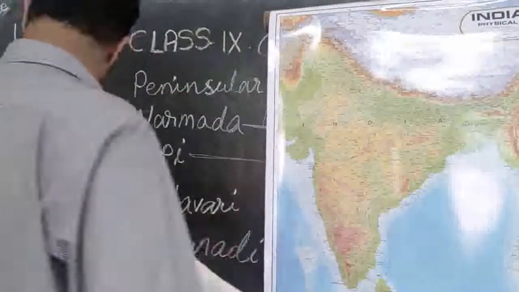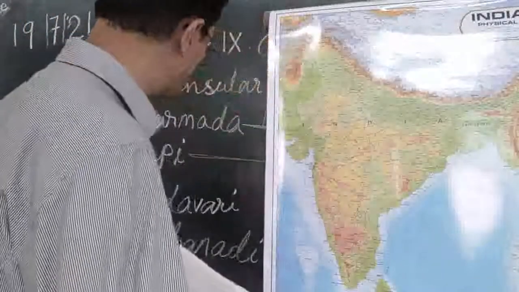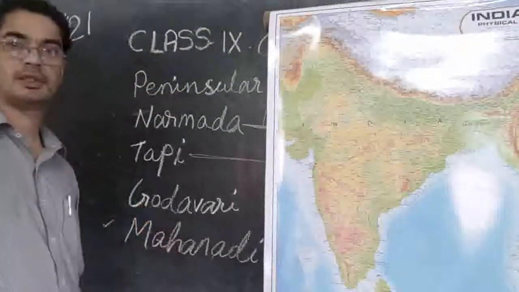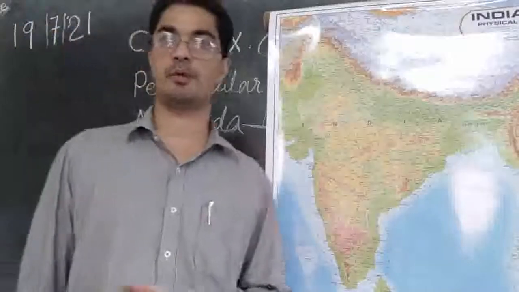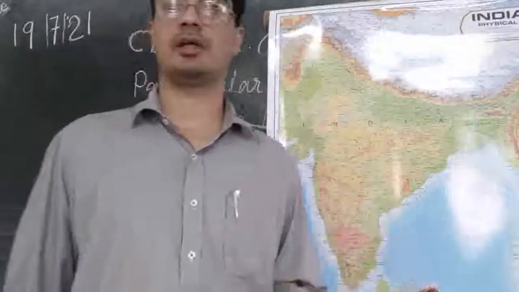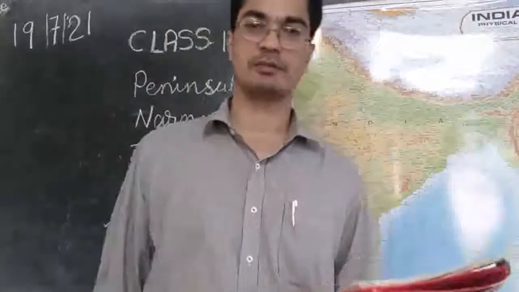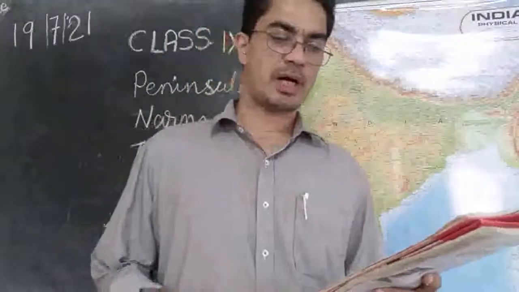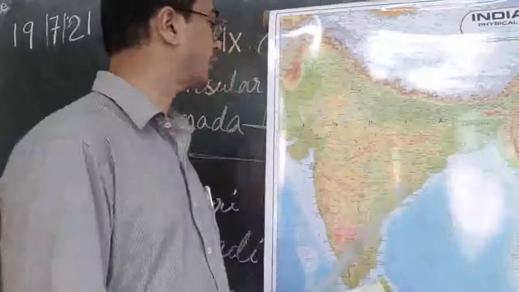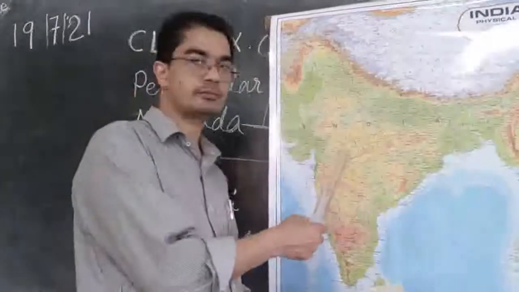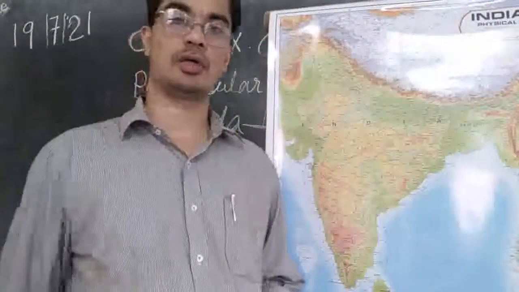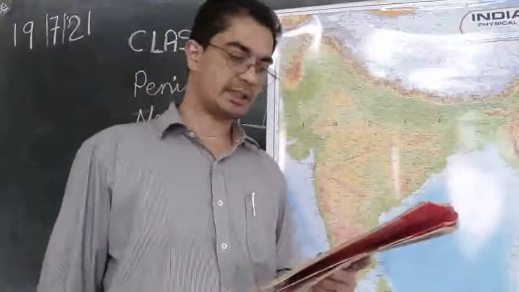Then we have another river called Mahanadi. By the name itself we can understand, Maha means great, isn't it? So it is a great Nadi. Let us see how big it is. The Mahanadi rises in the highlands of Chhattisgarh. Highland means hilly land or the mountain land of the Chhattisgarh state.